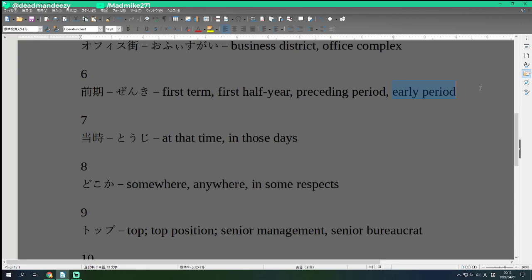Zenki is the previous or first term, or previous period.